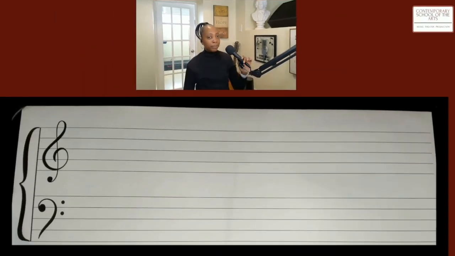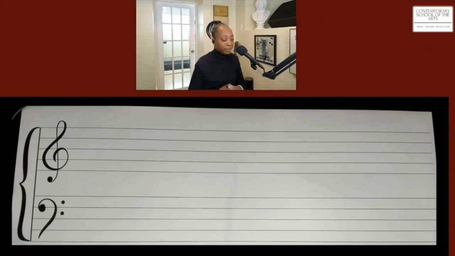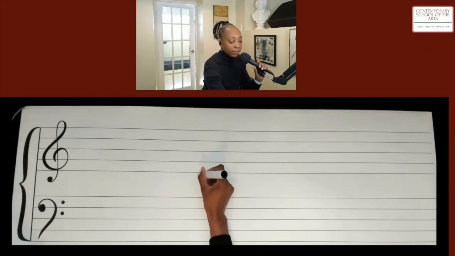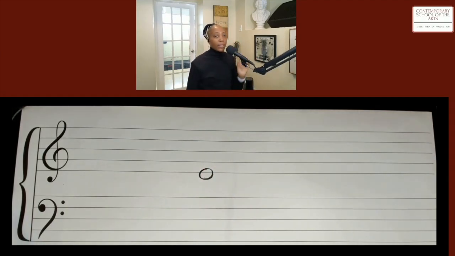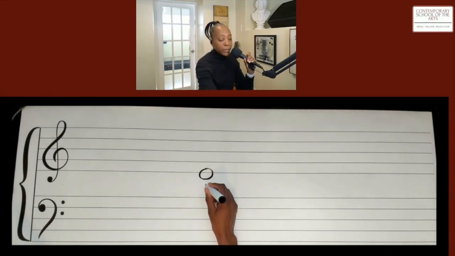You already know that notes live on a staff, either on a line or a space, like this. And you should know what the letter name of this note is, right? Good. The first note on the first line in the treble clef is note E.